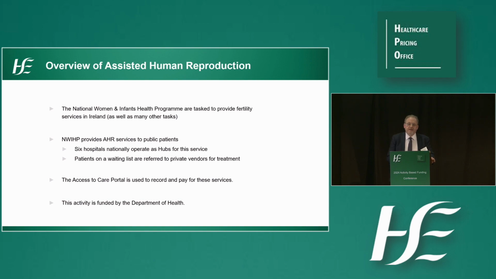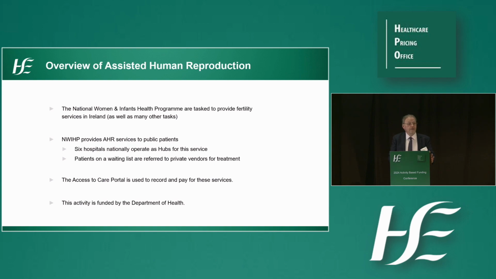In addition to that, our colleagues from the National Women's and Infants Health Programme, who actually share a building with us, came down to talk to us because they had a problem they needed to solve, and they heard that we could solve it for them. I know a couple of them are here, and I'm hoping they're still very happy with the system. They do a lot of work in fertility among other tasks, but they had to provide services for public patients in the area of assisted human reproduction.